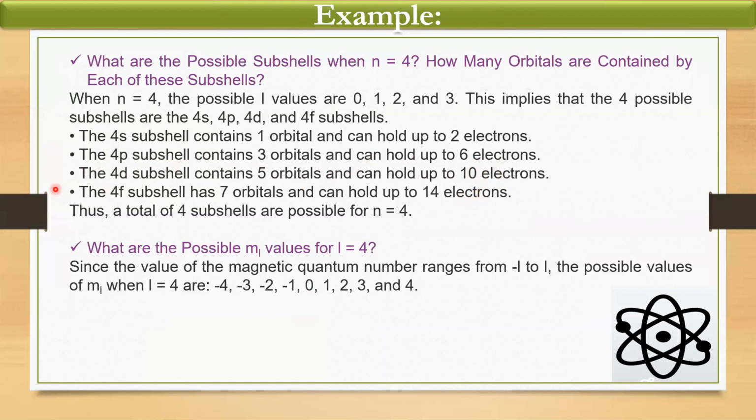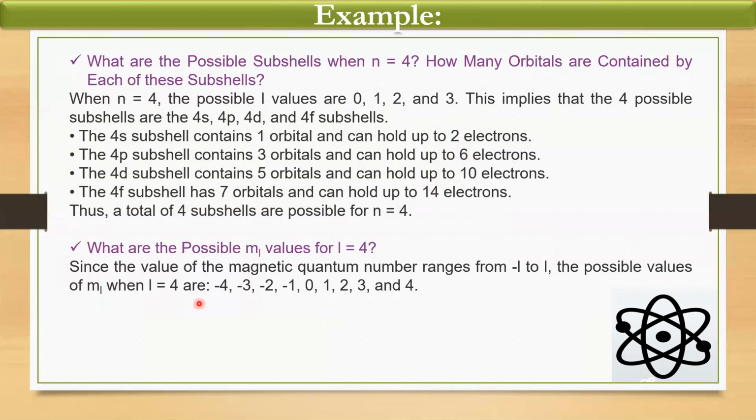So the total subshells possible for n equal to 4 are 4s, 4p, 4d and 4f. On the basis of these, we can also calculate the number of electrons present, that is 2 plus 6 plus 10 plus 14.